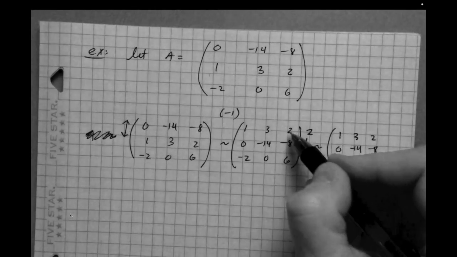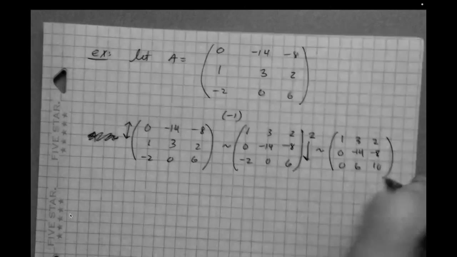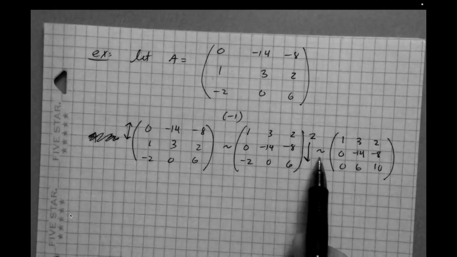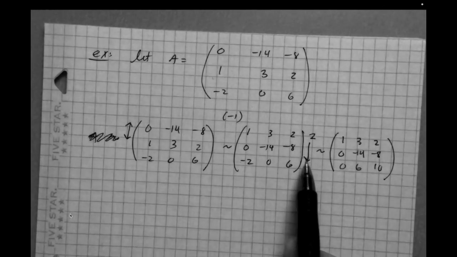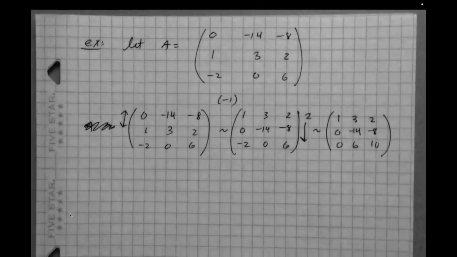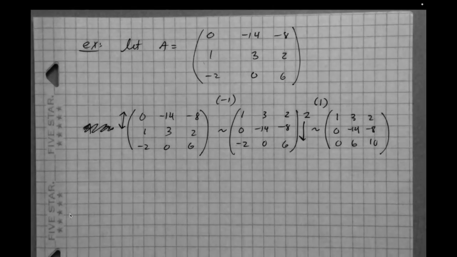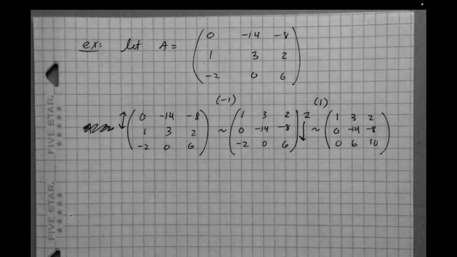Yep. So 2 times 2 is 4, plus 6 is 10. Now, what impact did this have on the determinant? This is row op type 2, which we found to have no impact on the determinant. So I'm just going to denote that by multiplying by 1, just to keep track of it.